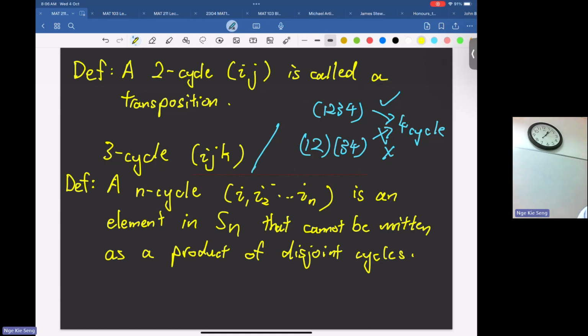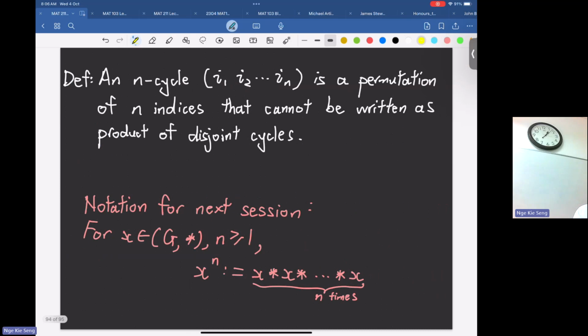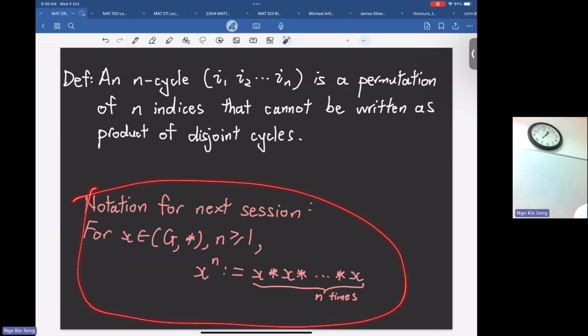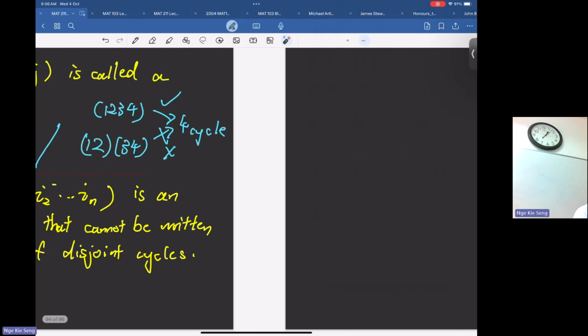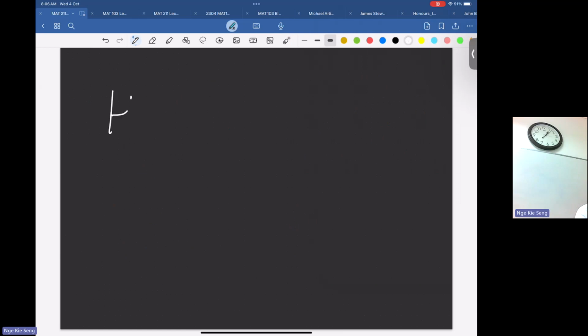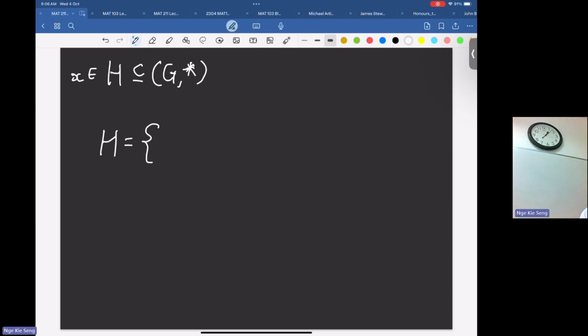Next, I want to talk about this notation. Last time you were a bit confused by this set I wrote down. Let's say H is in group G, and we take some element s from G, and then we take s to the power n. I didn't introduce this notation well.